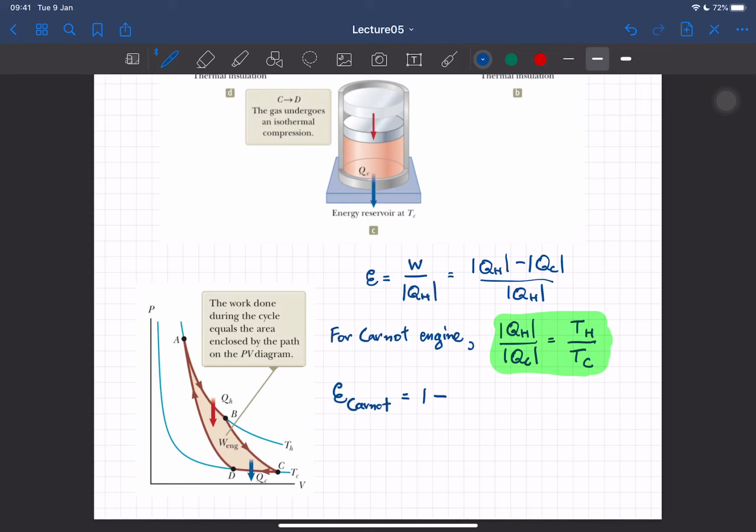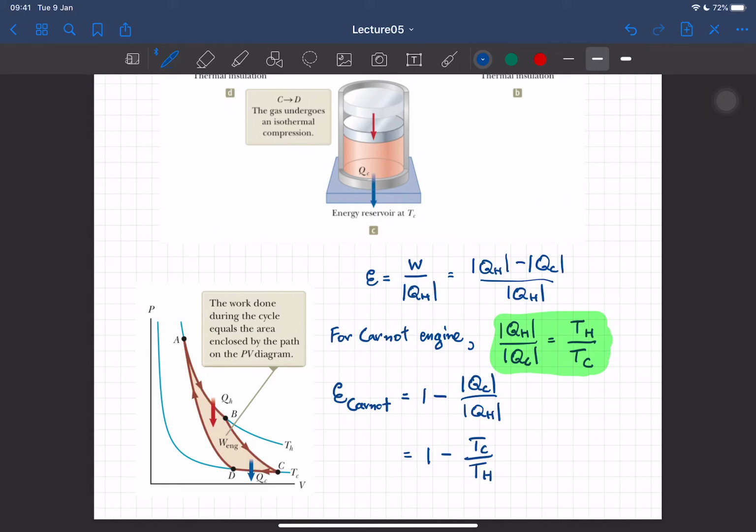So this can be written in terms of 1 minus absolute value of QC divided by absolute value of QH. So we can substitute this ratio into this equation. So this one is not yet Carnot, but this one is for Carnot engine, so it's going to be TC over TH.